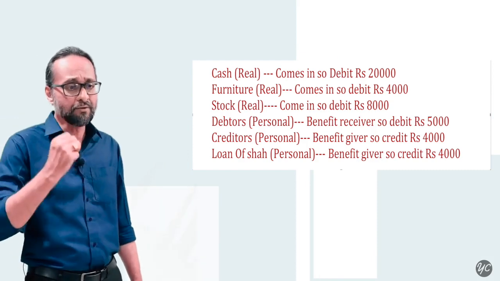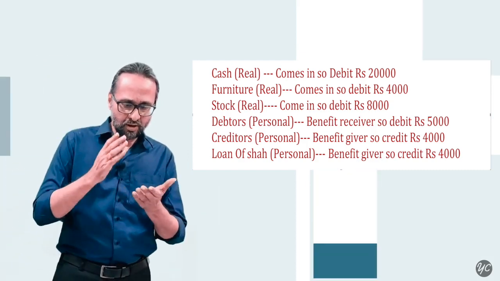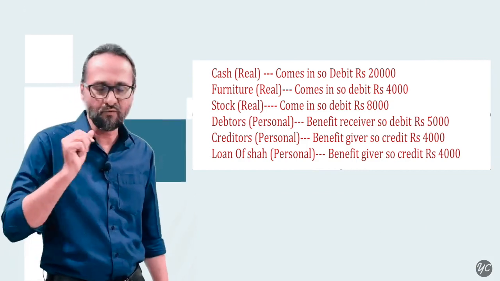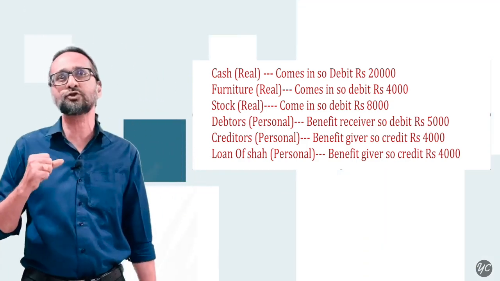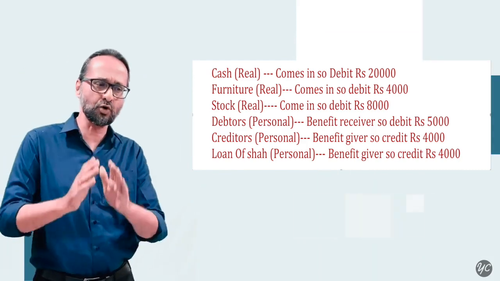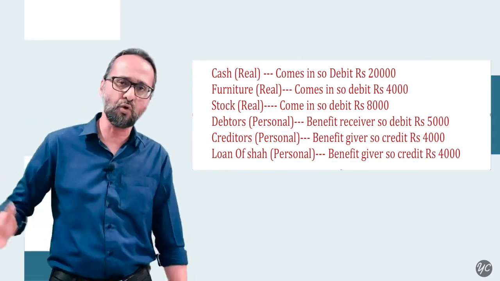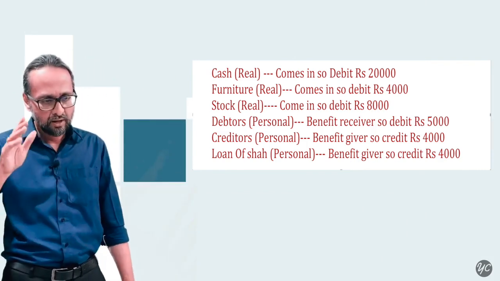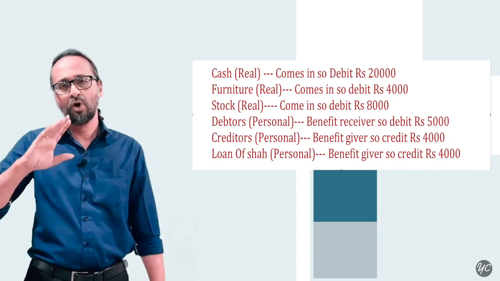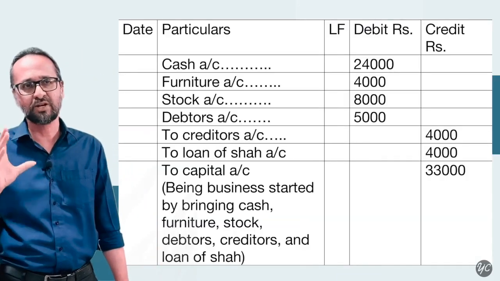Okay. So now what happened? Cash 20,000 and Mr. Shah has given a loan of rupees 4,000. That is also one kind of cash to the business. So 20,000 cash is already with the business and 4,000 additional cash is received from Mr. Shah in the form of a loan. So 20 plus 4, a total of 24,000 cash balance in the business.